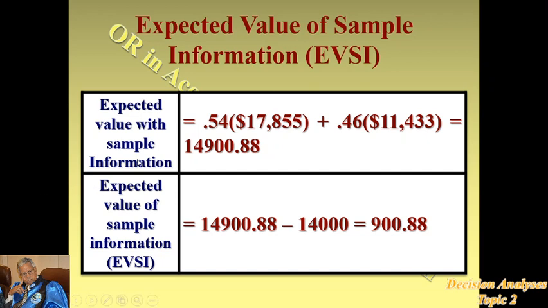Expected value with sample information is 17,855 times 0.54 probability plus 11,433 times 0.46 unfavorable probability. The result is $14,900.88.